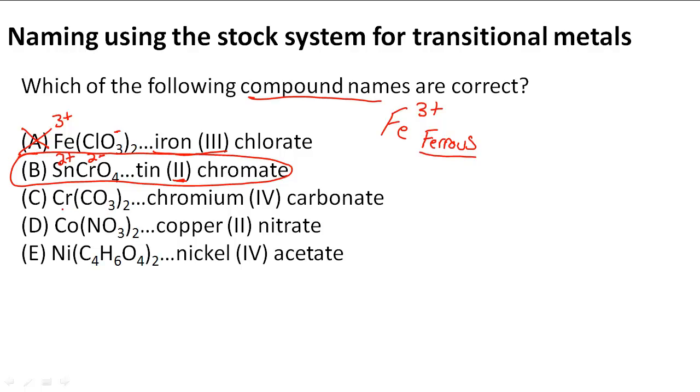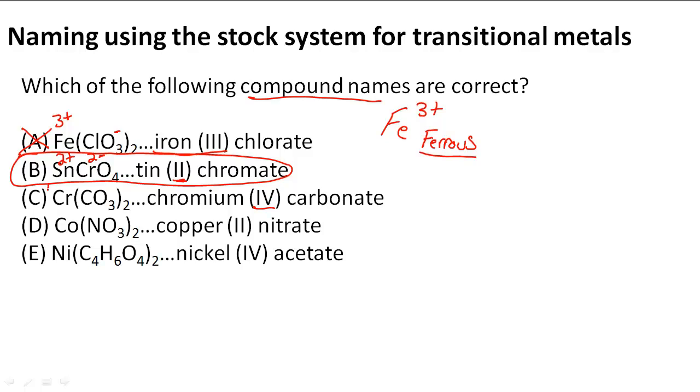C, Cr(CO3)2. So chromium has a charge of 4 positive because when you have this V here, the Roman numeral 5 stands for 5, and then when we have the 1 before it or something smaller before it, it takes away one of the 5, which makes it 4.